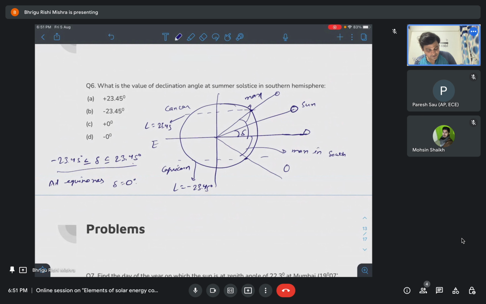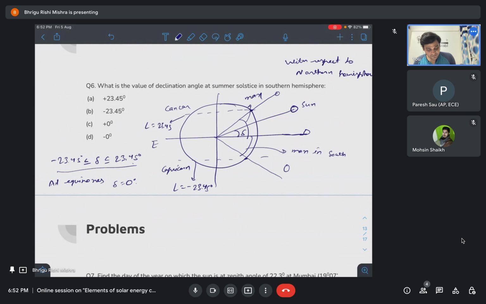Now this is with respect to the northern hemisphere. The summer solstice in the northern hemisphere is the winter solstice in the southern hemisphere, and the winter solstice in the northern hemisphere is equivalent to the summer solstice in the southern hemisphere.